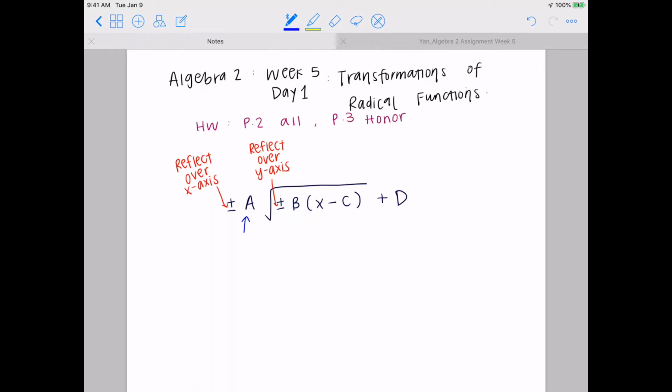The number that you're multiplying to the square root, it's the coefficient, right? So there are two kinds of situations.